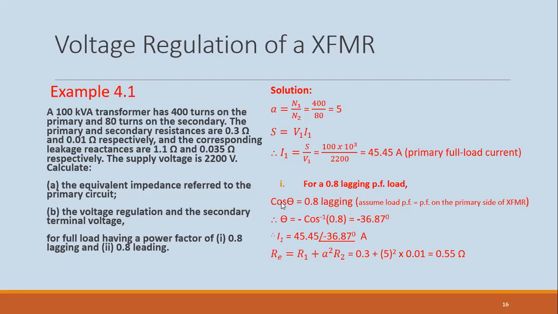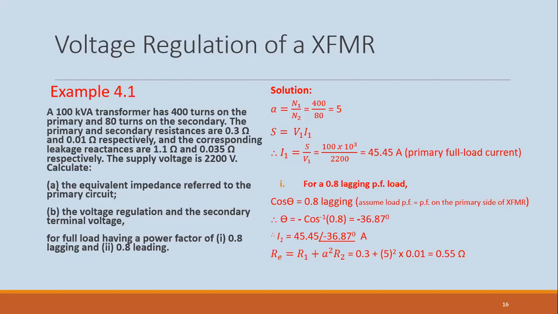We can make that assumption safely since we're not including the primary core parameters; then the power factor on the secondary side can be assumed to be the power factor on the primary side. So that power factor angle is minus 36.87 degrees for 0.8 power factor lagging, and therefore I1 would be 45.45 at angle minus 36.87 degrees. So we know what I1 is.